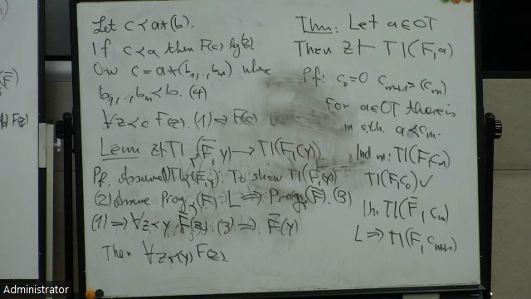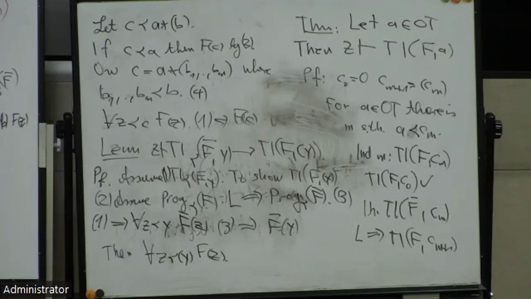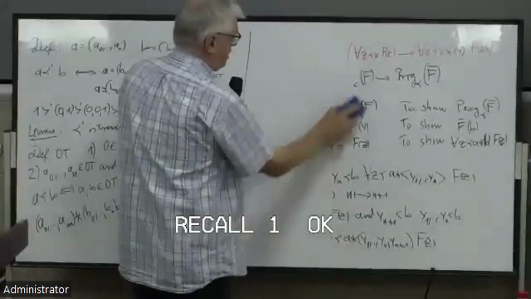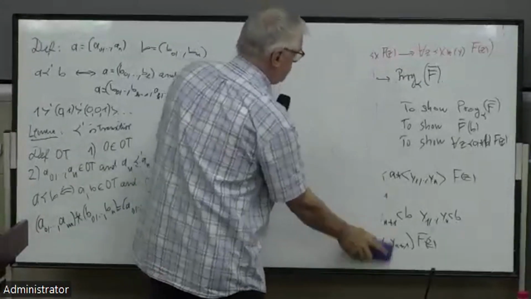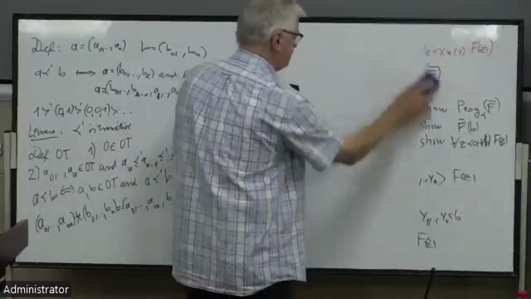Okay, now that's a bit of a mysterious proof. Now we want to see how this can be visualized. But this is a purely combinatorial proof. It is in the sense of the argument given by Gentzen.